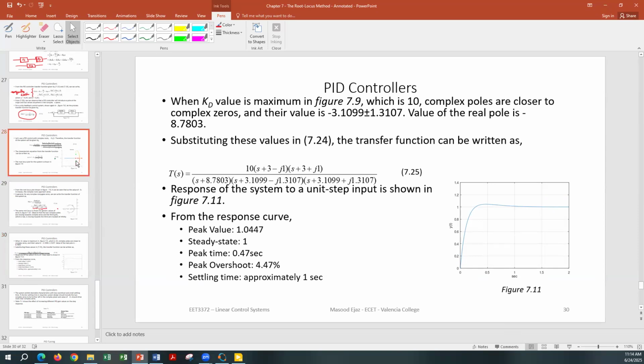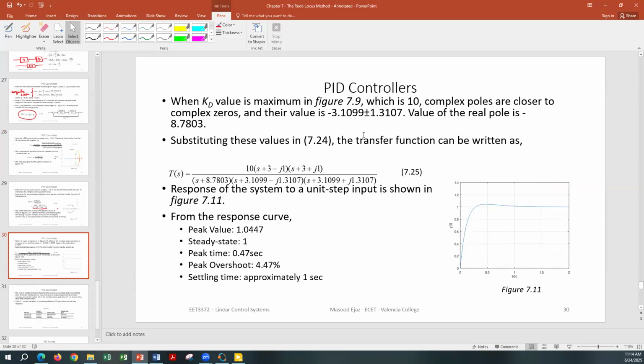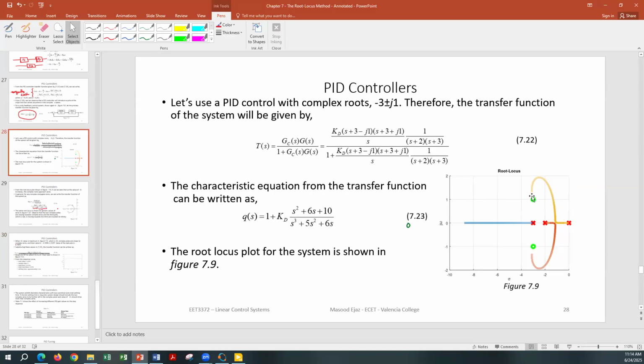So here I went as close to the zeros as possible and found that I used a value of 10 for k, and it went as close as possible. If I use a higher value, it's going to go even closer to that.